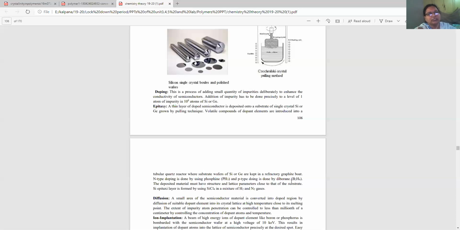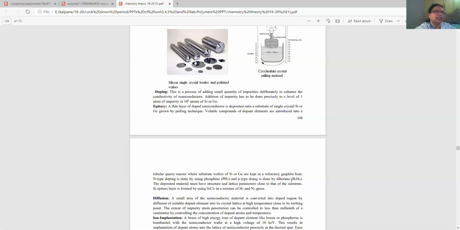The deposited material must have a lattice structure with parameters close to that of the substrate. The silicon epitaxial layer is formed by using silicon tetrachloride in a mixture of hydrogen and nitrogen gas. So if you just remember the technique, then you can write down what it means.